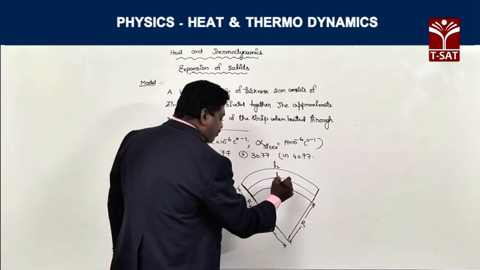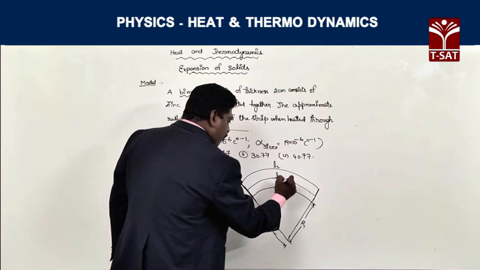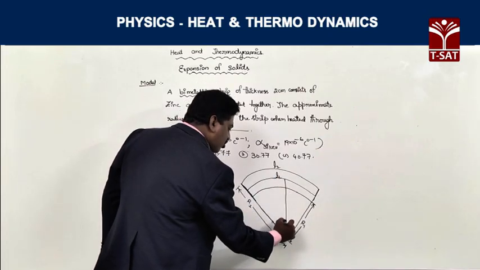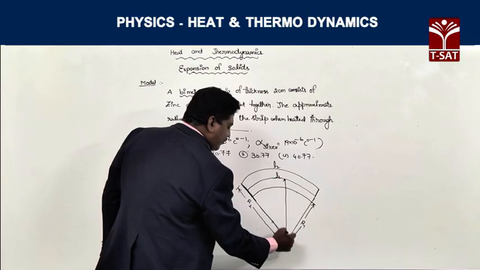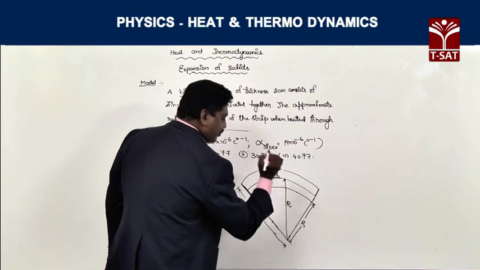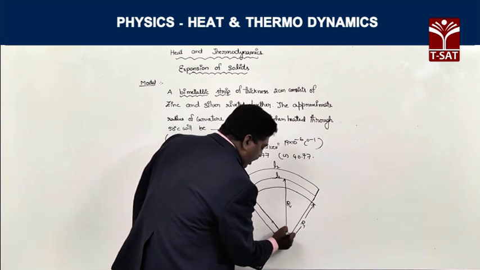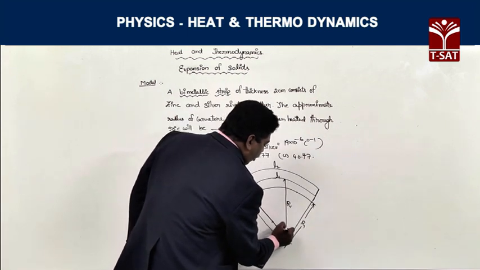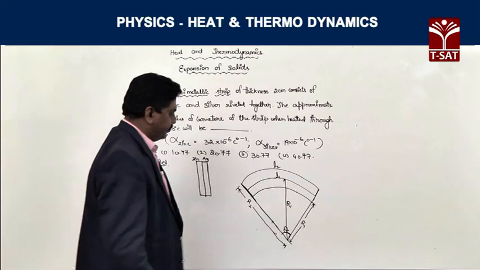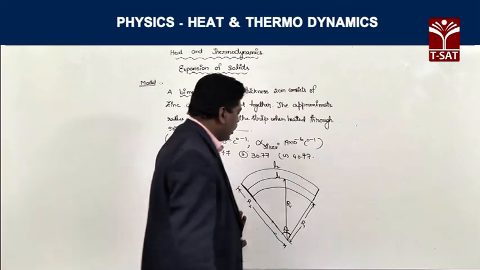The interface between them has a radius of curvature R itself, and the central portion makes an angle theta.